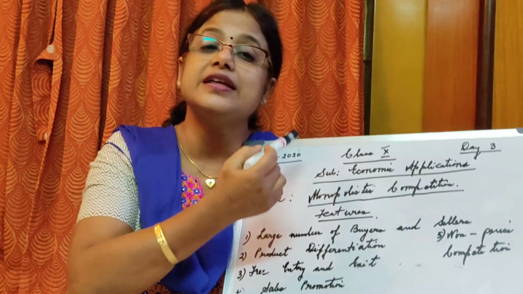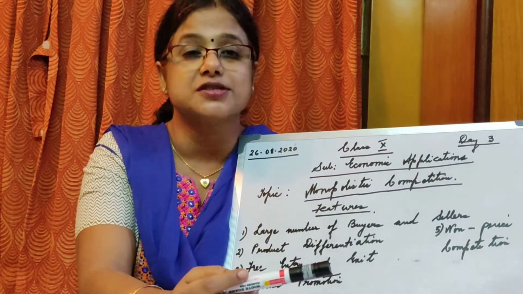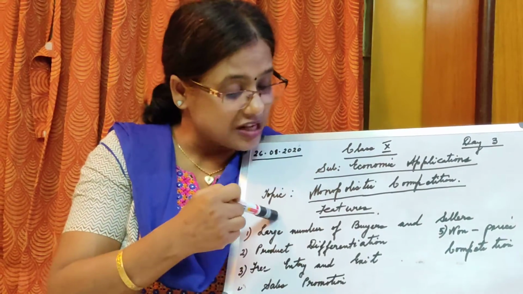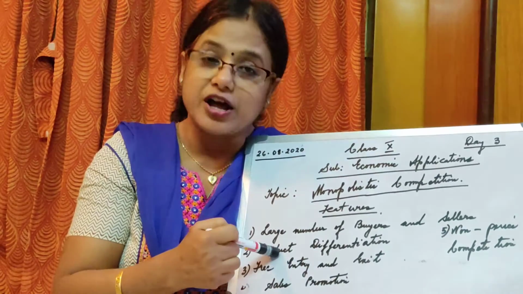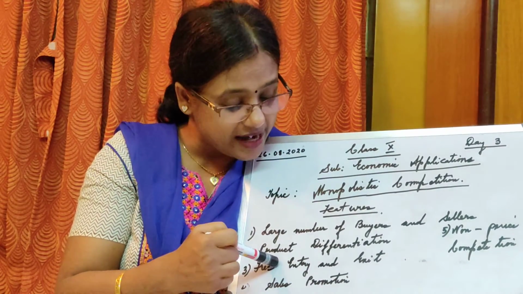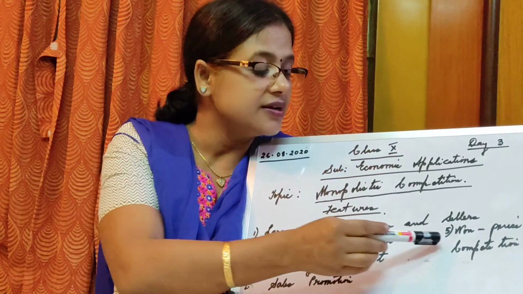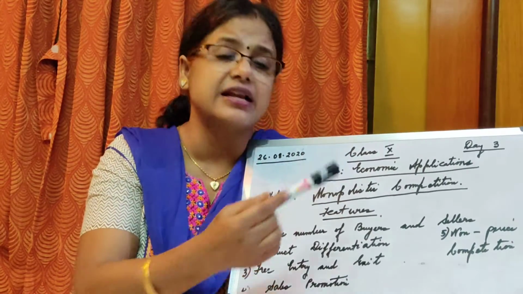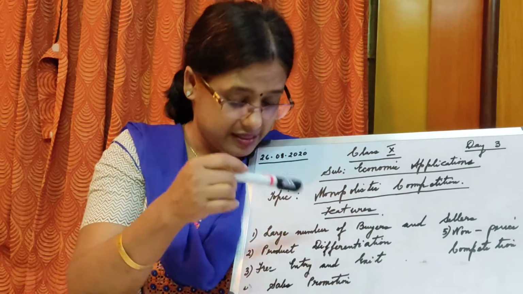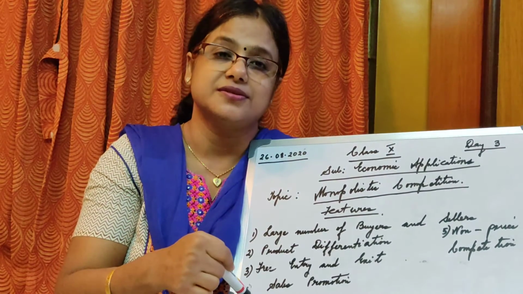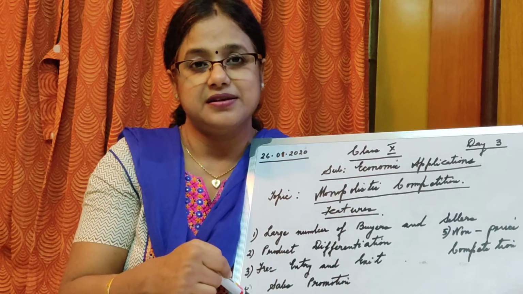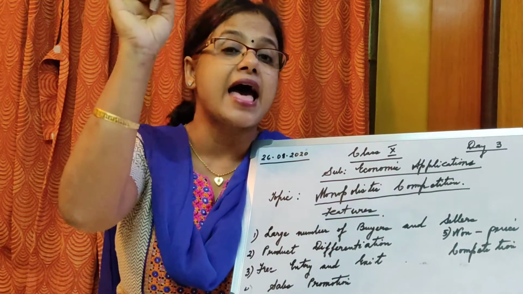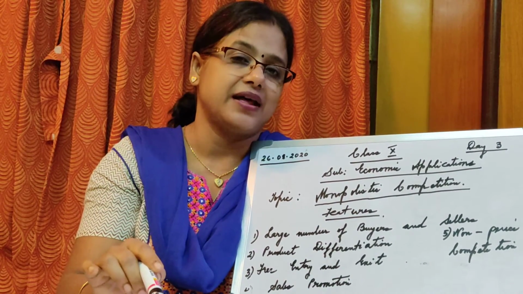Clear? So you see, these are the characteristics of monopolistic competition: large number of buyers and sellers, product differentiation, free entry and exit, sales promotion, non-price competition. A 7 or 8 marks question can come on the features. The first 4 features you have to explain, the first 4 features as given in the lesson plan.